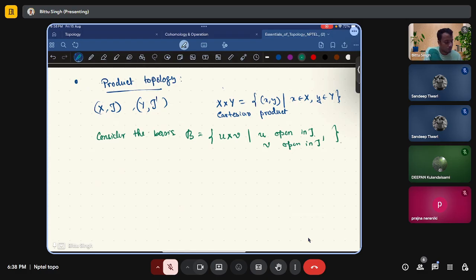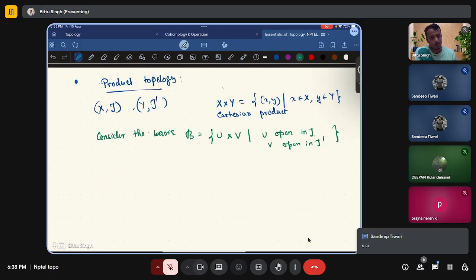So it will be of the form U cross V. So those are open sets in tau and tau dash, that is U belongs to tau and V belongs to tau dash. So this forms a basis, right? Okay, so this is the topology.